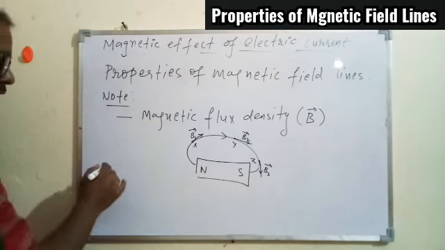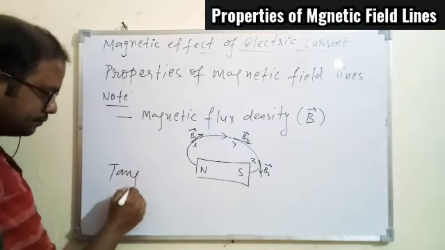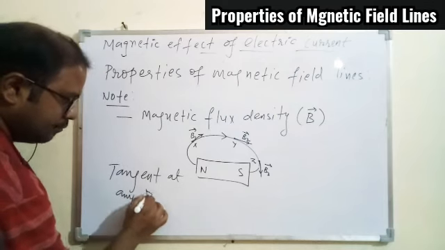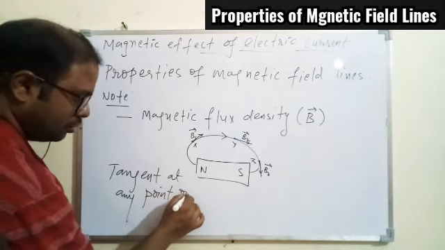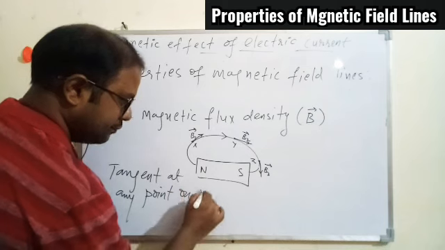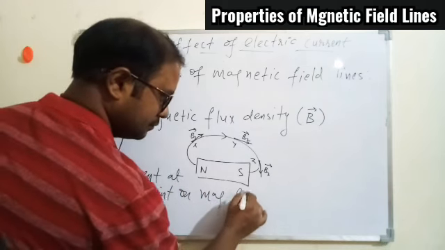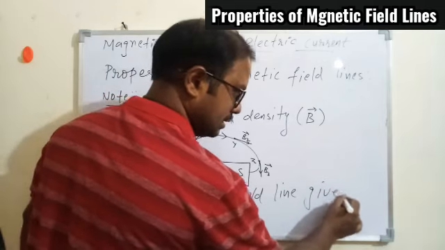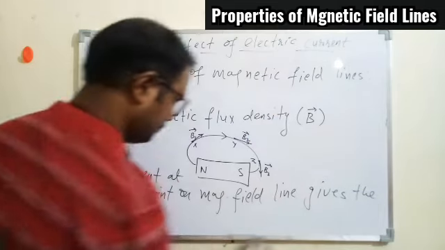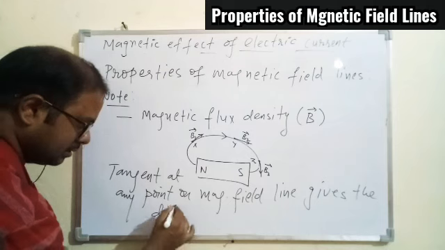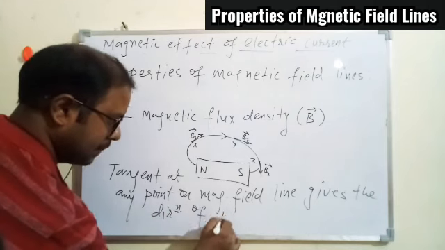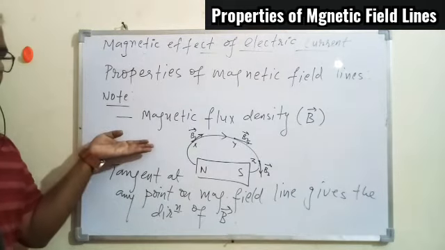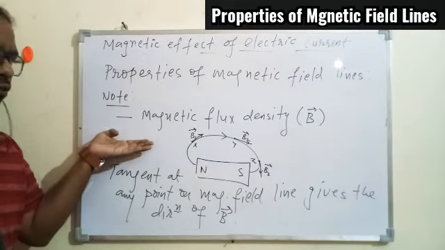So that you have to remember: the tangent at any point on a magnetic field line gives the direction of B, and B is nothing but a kind of magnetic force.